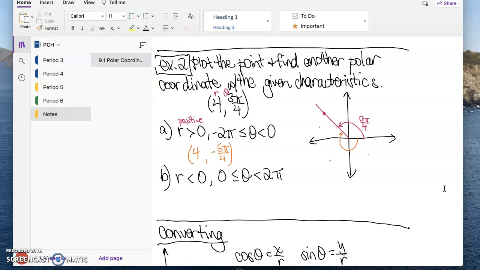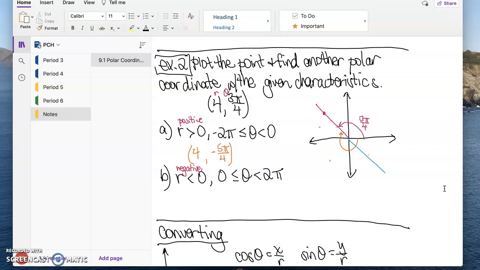Now this one wants a negative r value, but an angle between 0 and 2 pi. So I've got to figure out how that's going to look. The negative r value indicates to me that my rotation is actually going to end here, and then I'm going to flip over.